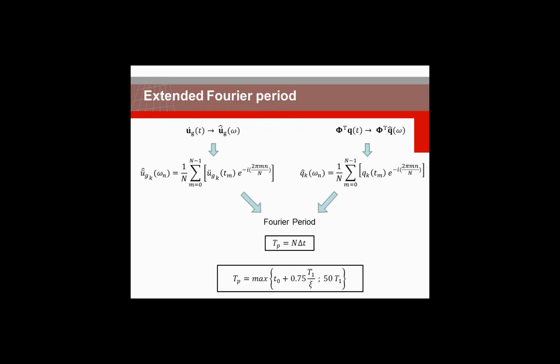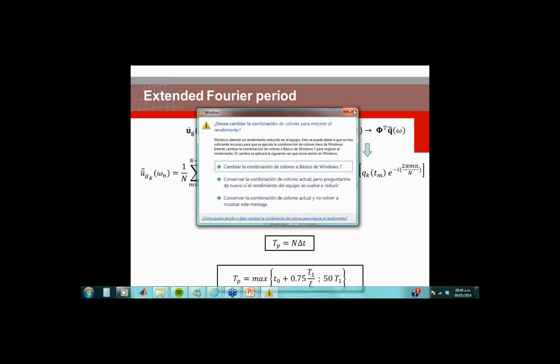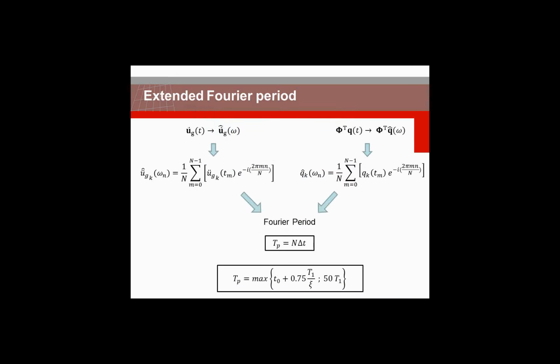And the other thing is that we require to express the right-hand side terms that come obviously in the time domain. The signal of the ground acceleration of an earthquake usually comes as a time signal, and we have to express it in the frequency domain because we are going to solve it in this domain.